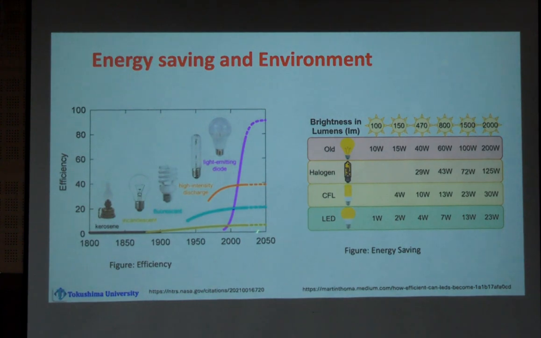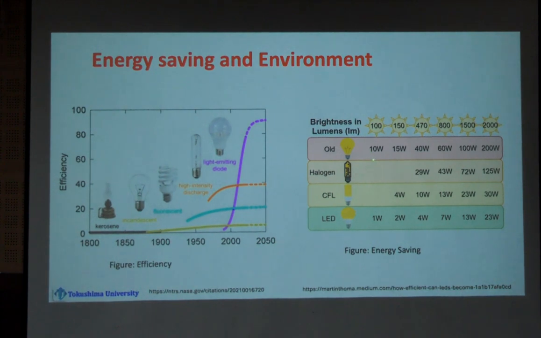So earlier, with such types of light, like old-type light, halogen or incandescent, when you wanted to generate this much brightness, how much wattage, how much power did you need? Here you need old sources. You need 10 watts to create this much brightness.